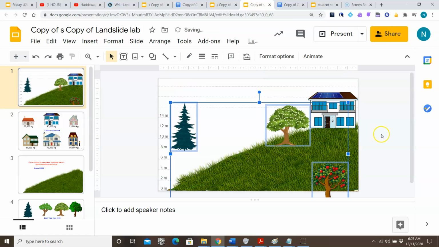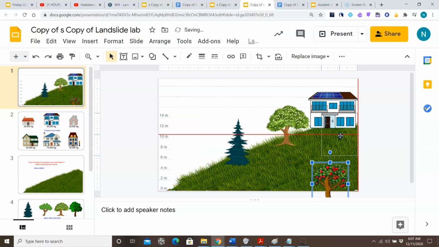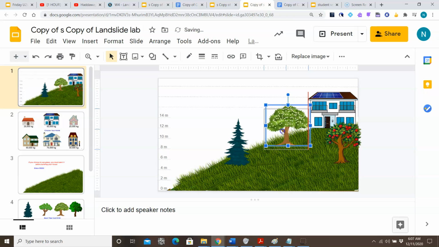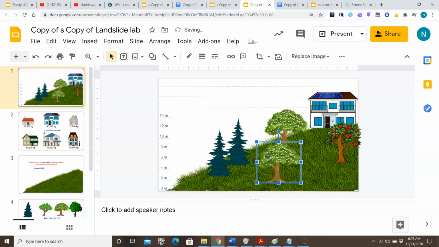Okay, so I can move them around. Take this one. I want the apple tree by the front of my house. And I want some more of these. Maybe I'll get a couple more pine trees. I really like pine trees. So I've used 2 of those, and I'll have another one of these trees.